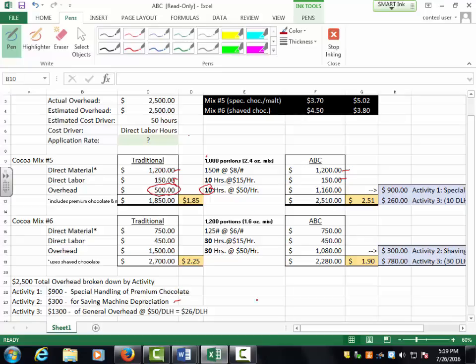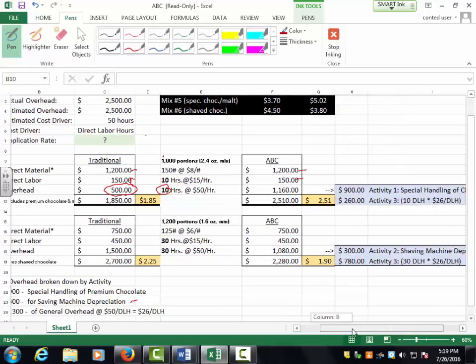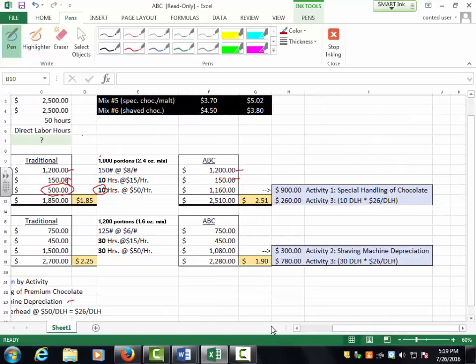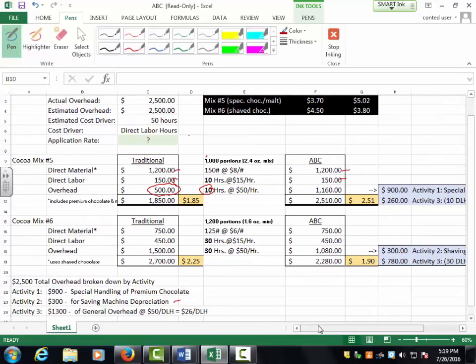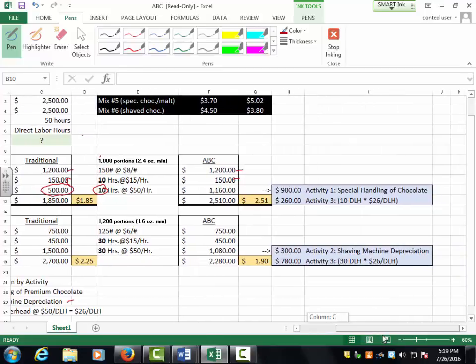Under the activity-based costing approach, activity 1 was $900. That was the special handling of the chocolate. So that $900 has to go to the special chocolate because recipe number 5 needs that $900 worth of handling, keeping the chocolate refrigerated, etc., and being able to process it.